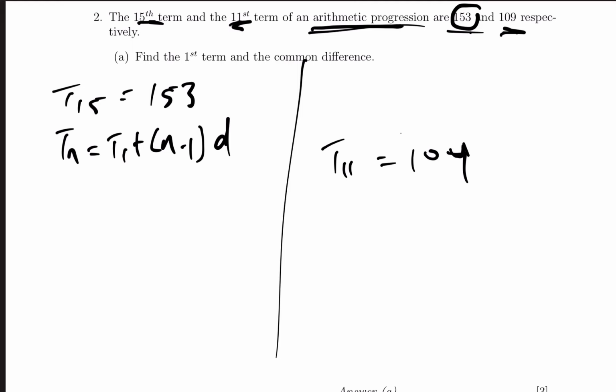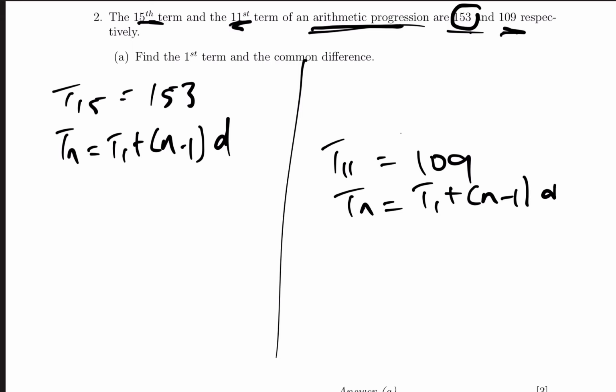And since it's an arithmetic sequence, we know that Tn is equal to T1 plus (n minus 1)d. So we have these two equations from the problem that we've just read.